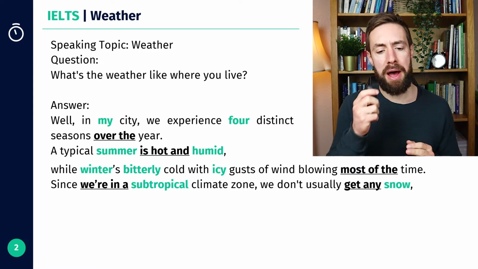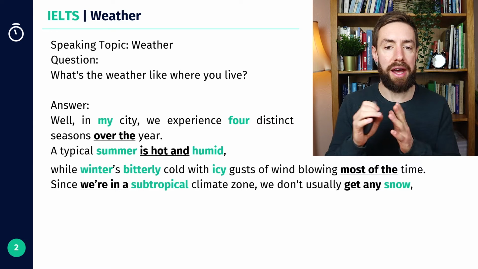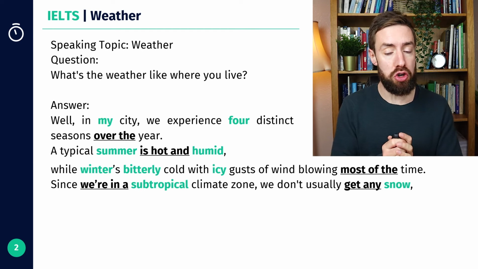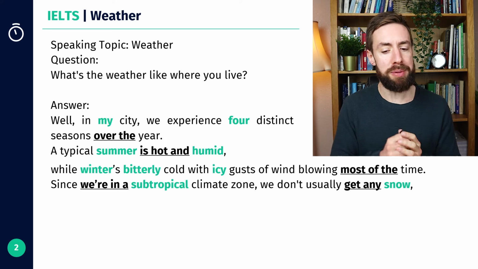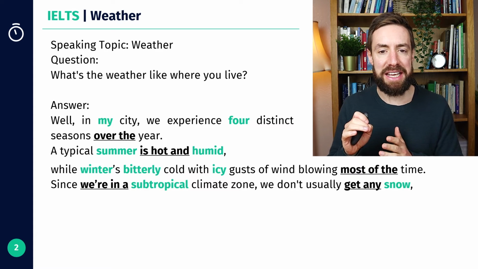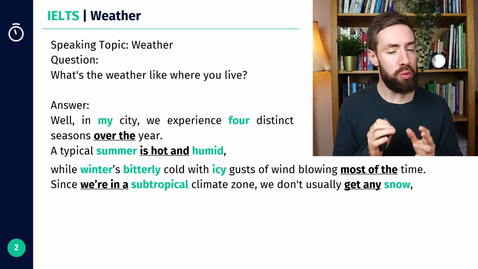Then the next part, since we're in a, becomes we're in a. Since we're in a subtropical climate zone, we don't usually get any snow. We don't usually get any snow.